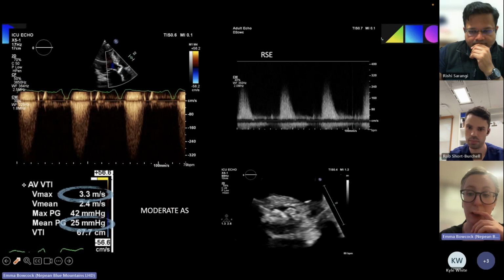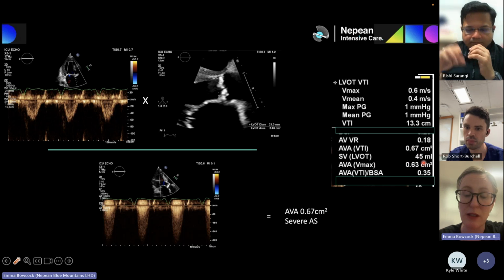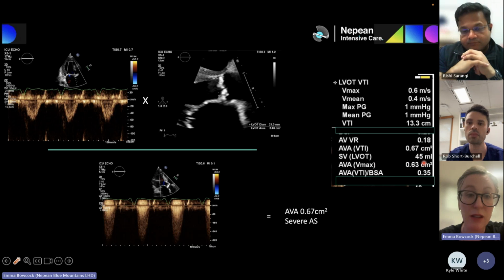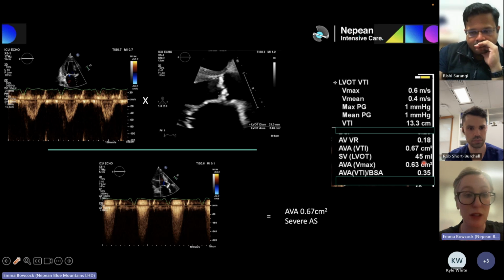Sorry, guys, it's not coming up. If you trust me, this one's meant to be the stroke volume, and the stroke volume index was something like 26, so less than 35. So I'm dealing with reduced EF, reduced stroke volume, so low flow, low gradient potentially, in someone that has moderate values in terms of gradient and velocity.